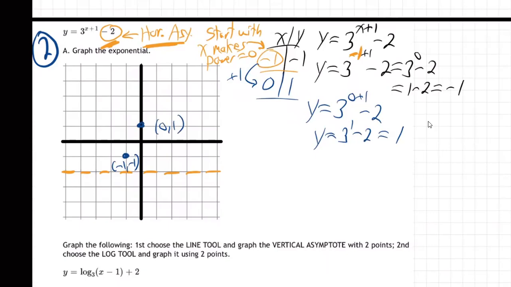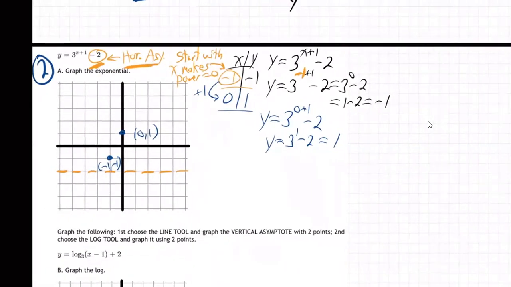So all you've got to do, on this graphing tool, what it wants you to do is first choose the line tool, the straight line tool that has the 2 dots with the straight line. It wants you to first choose the line tool, and go dot, dot, and make the horizontal. Oh, it says vertical asymptote.